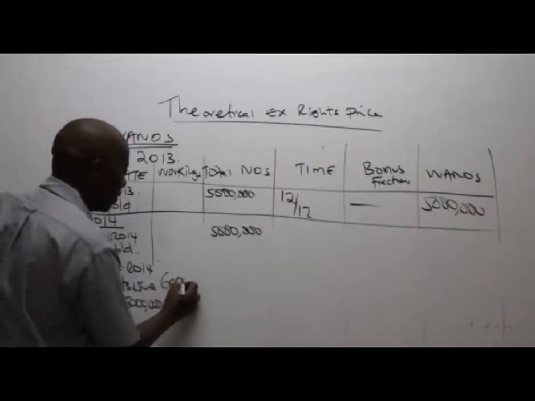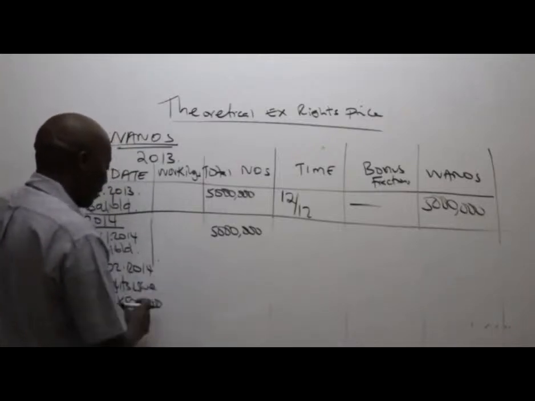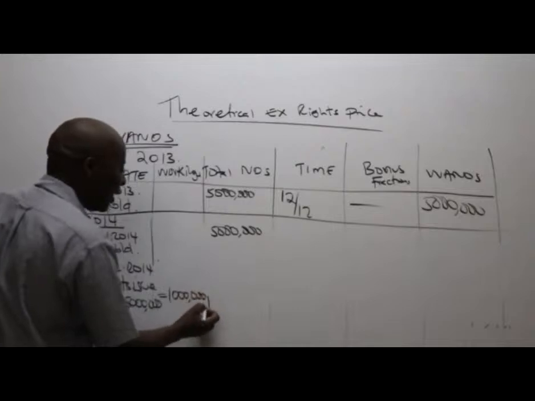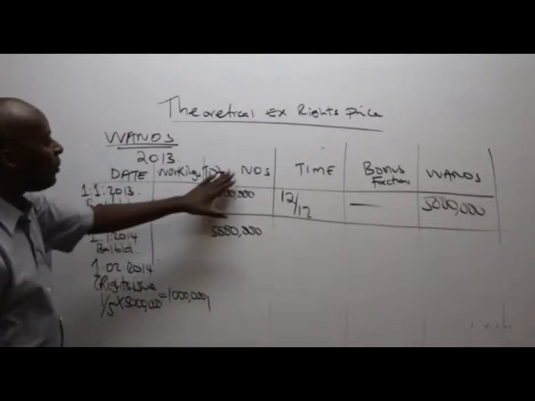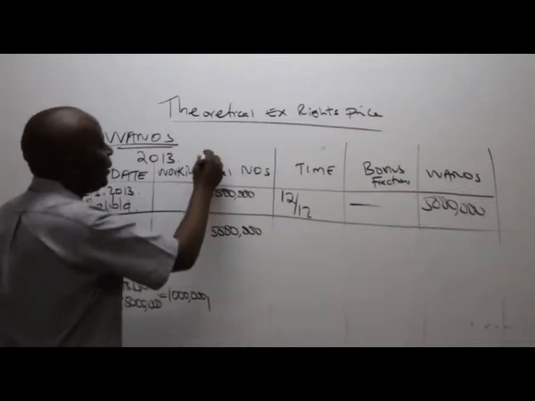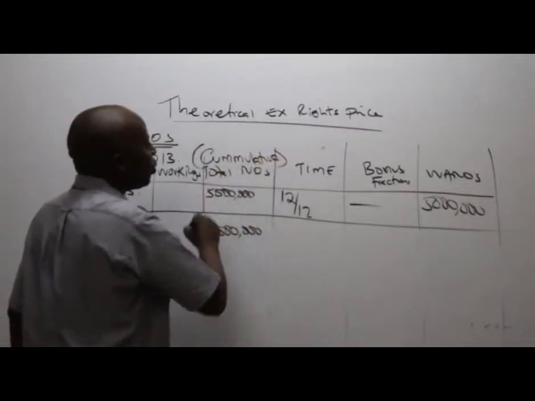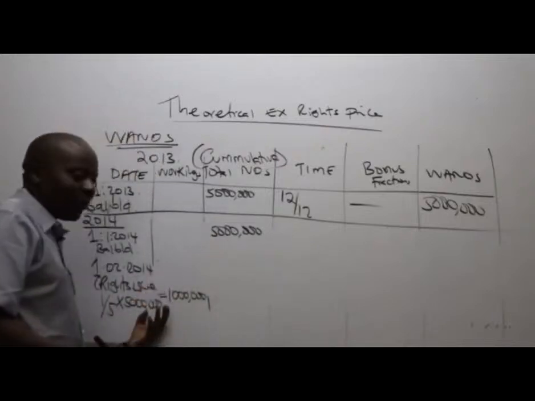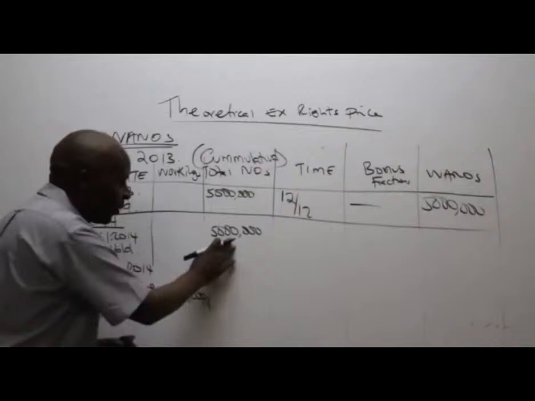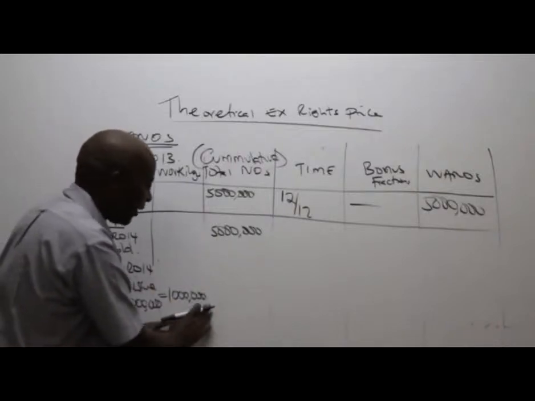No, 1 million. But I appreciate what that student is trying to tell me. The student is trying to tell me that this column normally takes the total, the cumulative. So 5 million plus a million gives me how many shares in total? 6 million. Thank you very much.